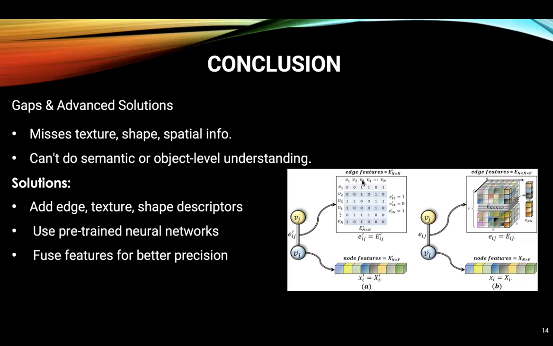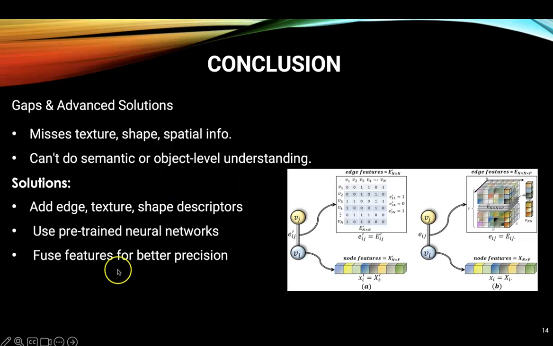So in conclusion, this method is very fast. It gives the data quickly because it calculates the color histograms so soon, since it's 6-bit data. But what does it miss? It misses texture, shape, and spatial info, which are very important for better retrieval accuracy. It also can't do semantic or object-level understanding very well.